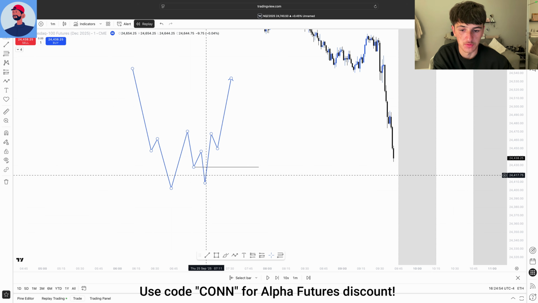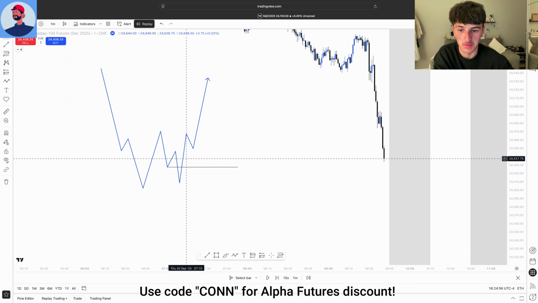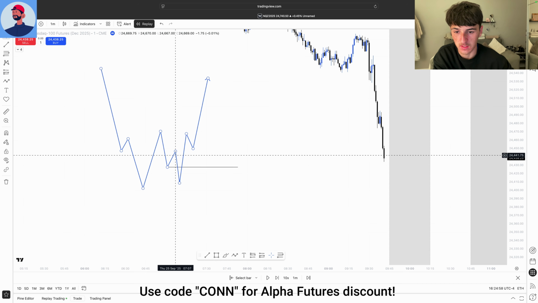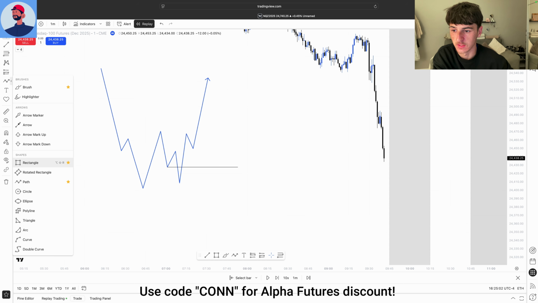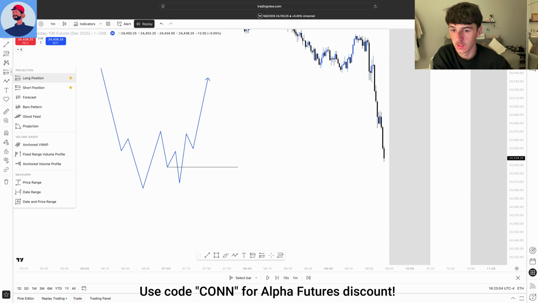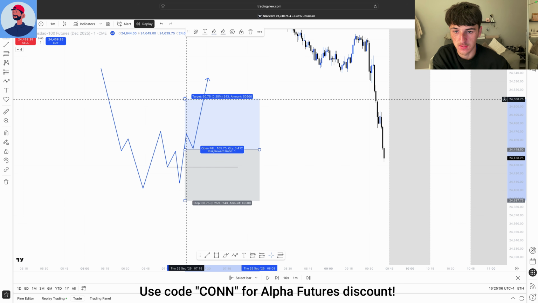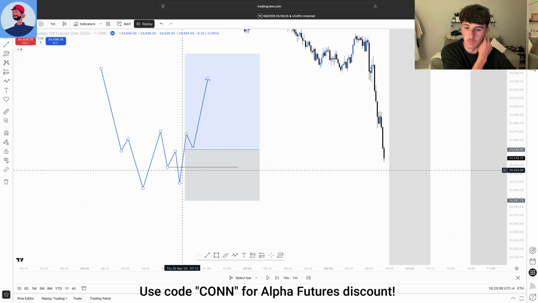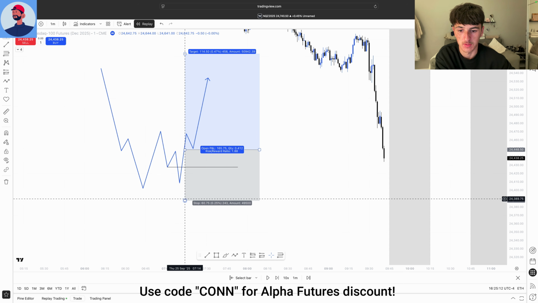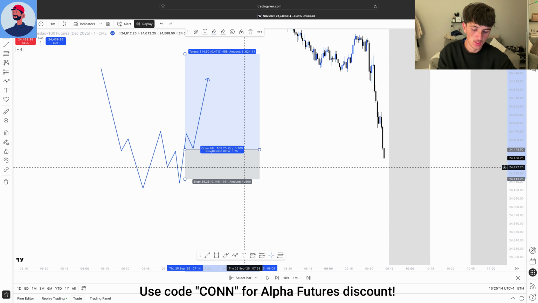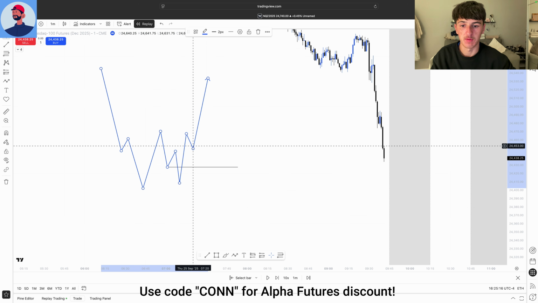It sounds stupid and it is stupid, but it's quite memorable. There's the unicorn horn, so that's the liquidity sweep, the manipulation leg, and then we get the flip. So we're looking to take a long position from somewhere in this zone here. We're waiting for this unicorn model to play out, the flip, and then we get in, with our stops below the unicorn.